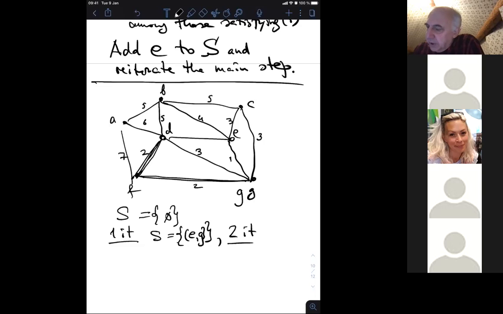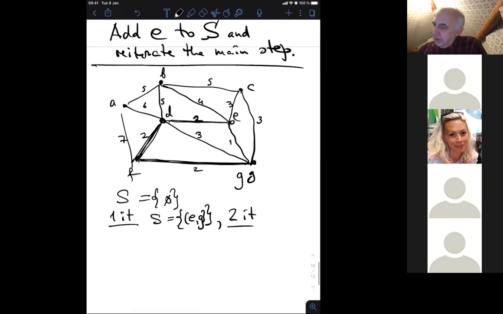I'm sorry, I'm missing my weight here. Weight 2 here. So I have actually 3 possibilities. So I have the DF, this guy, I have DE, this guy, and I have FG, this guy. Good that I did my exercise at home. So say I'll be adding DE.